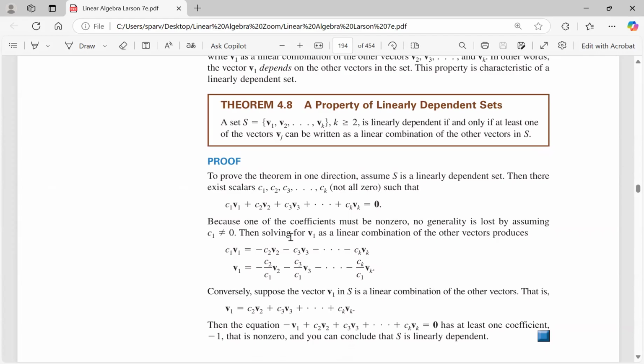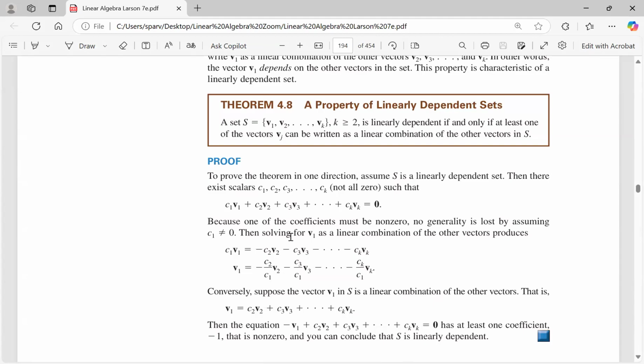I've been referring to this all along during this lecture, but now this formalizes it. If a set has at least two vectors in it, that set is linearly dependent if and only if at least one of the vectors in the set can be written as a linear combination of the others. So that's what we mean by dependence.